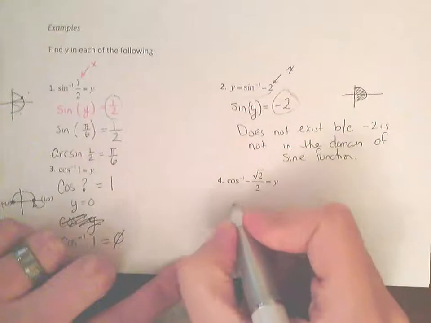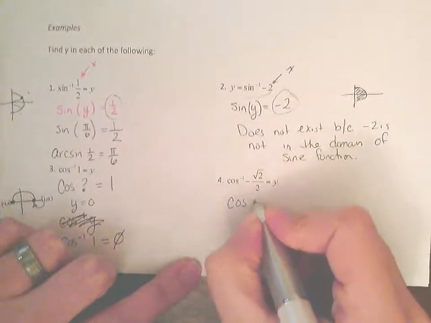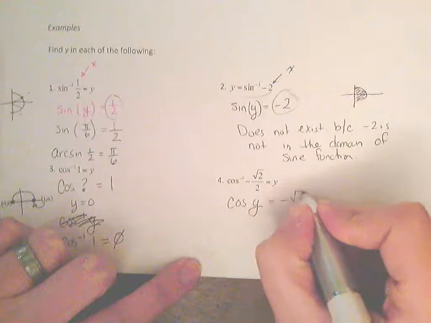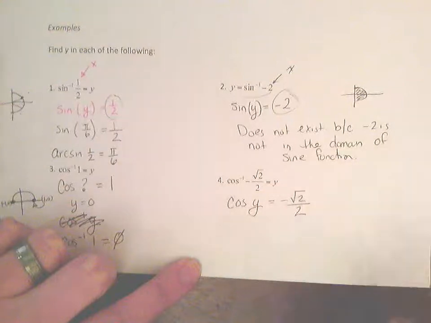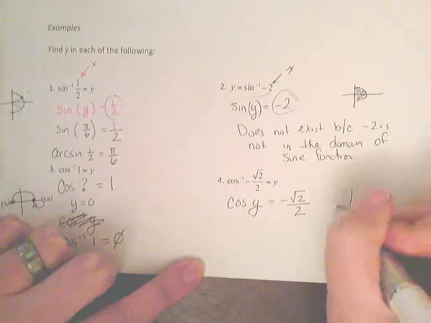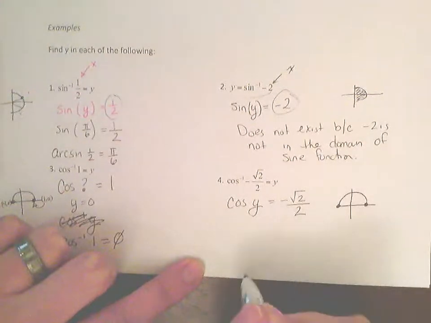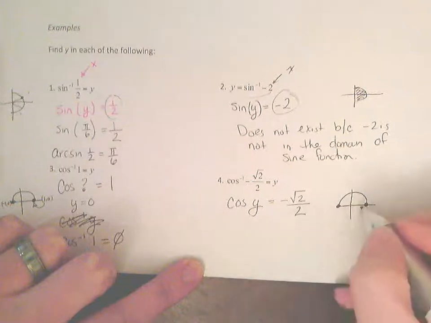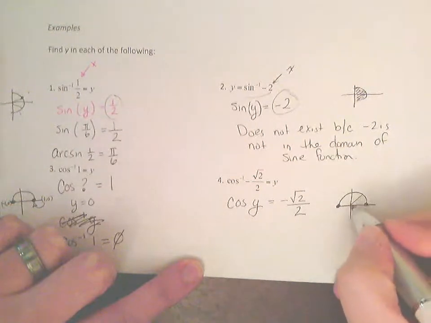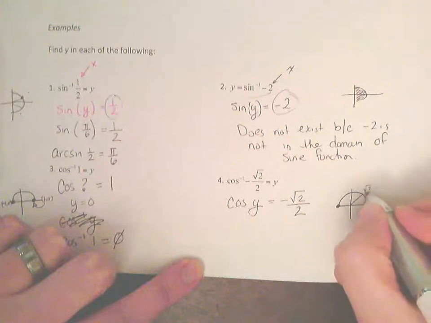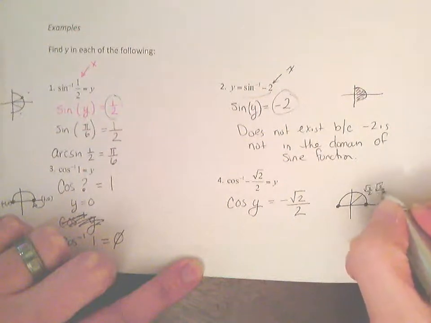So next up, cosine of what is -√2 over 2? Remember, we have to stick to our restricted domain for cosine, which is in this quadrant right here. And you remember that the fourths are going to be your square root of 2 over 2, square root of 2 over 2.